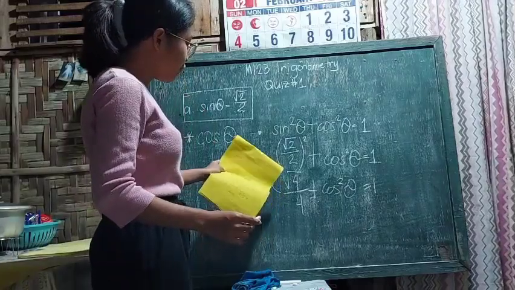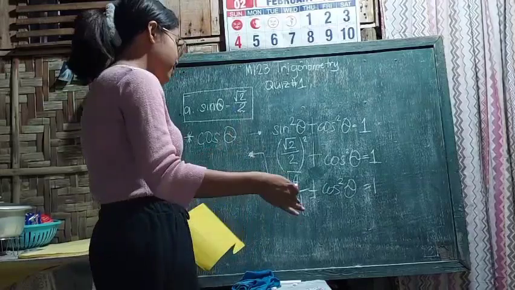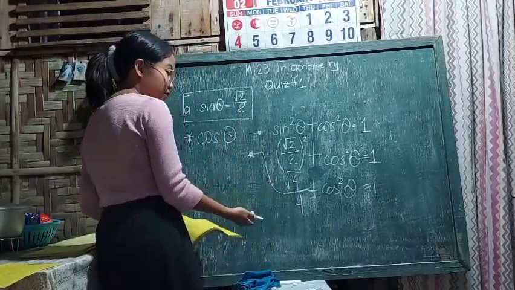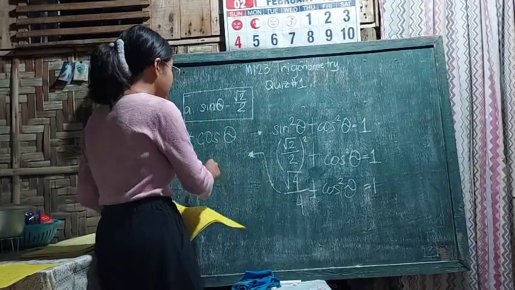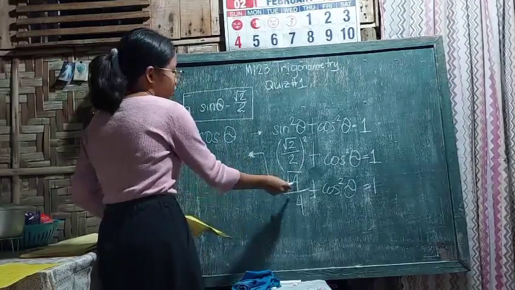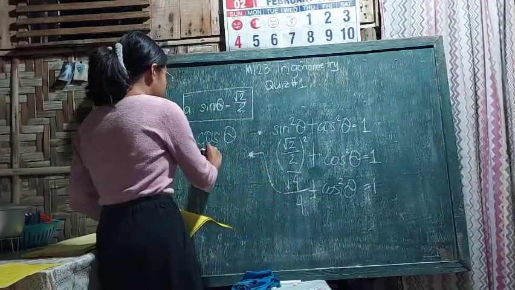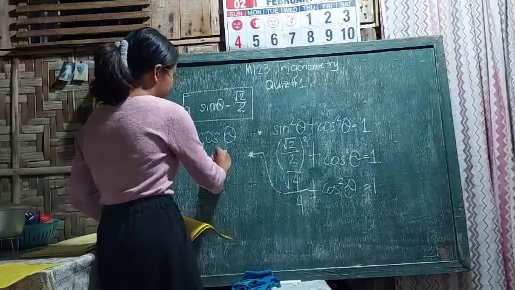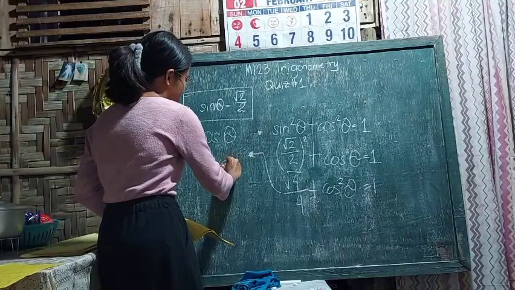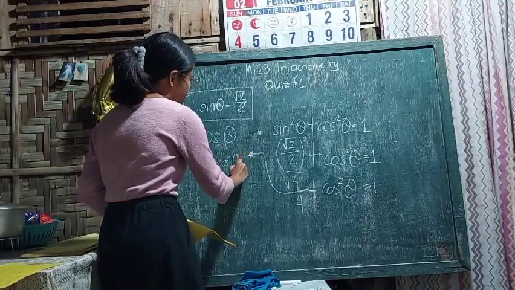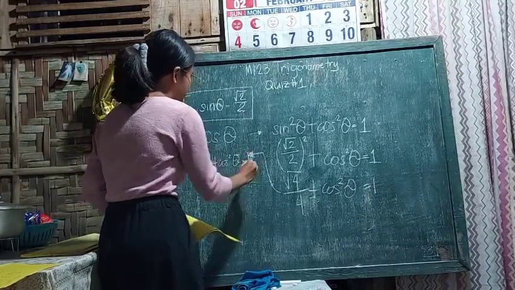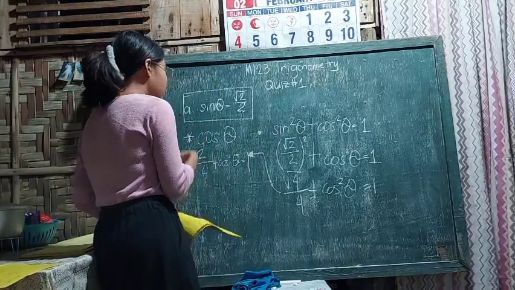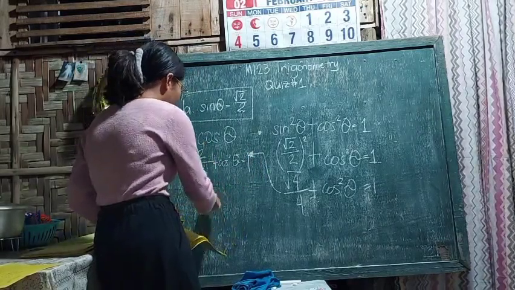The square root of 4 over 4 can be simplified. What is the square root of 4? Square root of 4 is 2 over 4 plus cosine squared theta is equal to 1. 2 over 4 can also be simplified into 1/2.